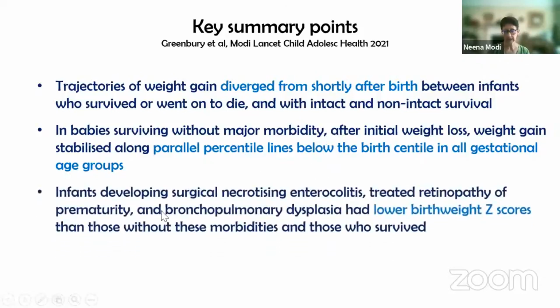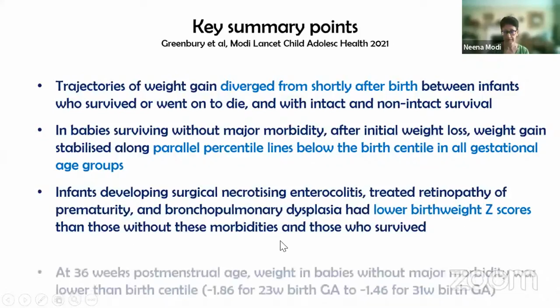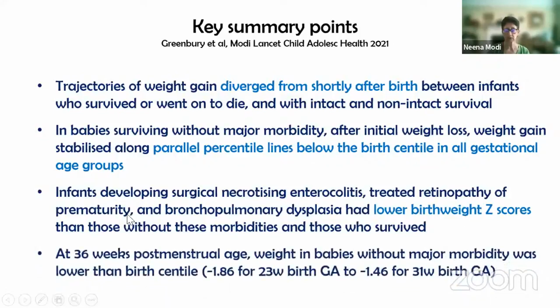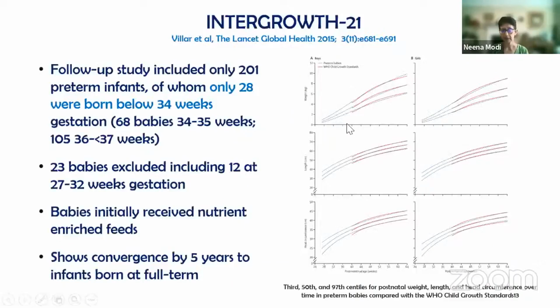As I said earlier, babies who would go on to develop a major morbidity had a lower birth weight Z-score than those who did not develop these morbidities and those who survived. At 36 weeks postmenstrual age, weight in babies without major morbidities was lower than birth centile by about minus 1.86 Z-score for babies born at 23 weeks gestation and about minus 1.4 for babies born at 31 weeks gestation. Now, there are other data out there as well, and I'm going to very briefly refer to these.